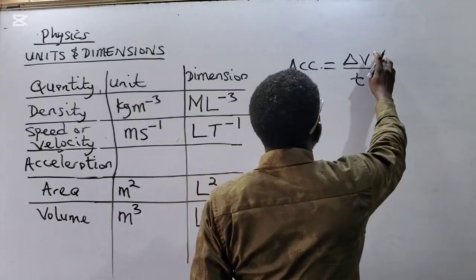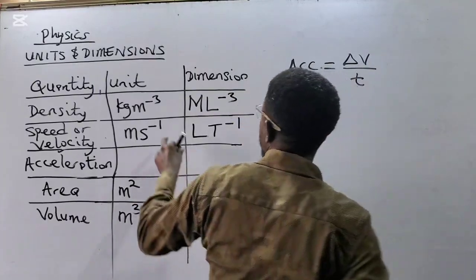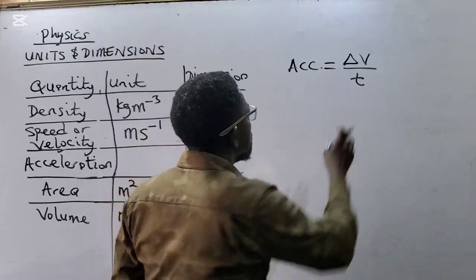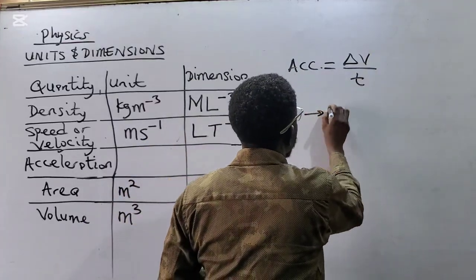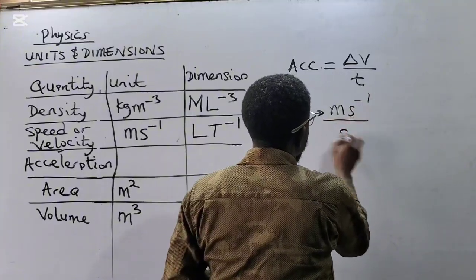So now, the unit of velocity is meter per second, and the unit of time is second.